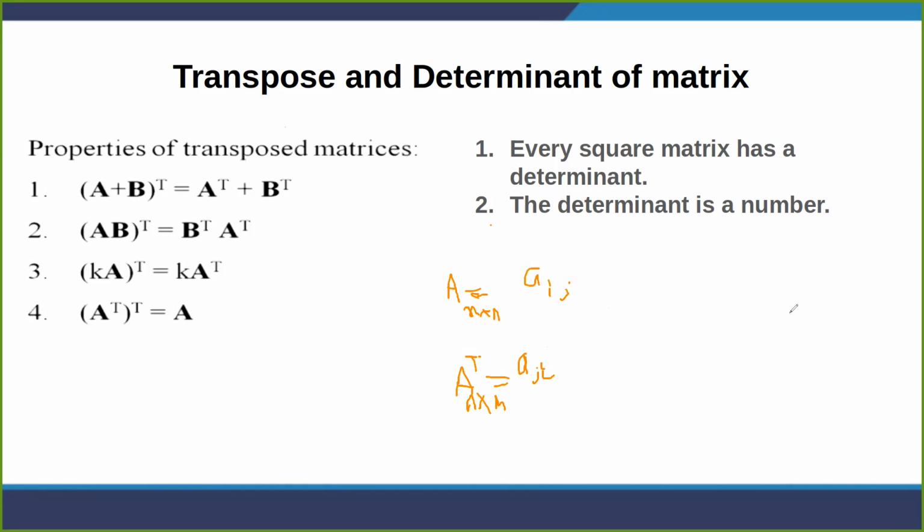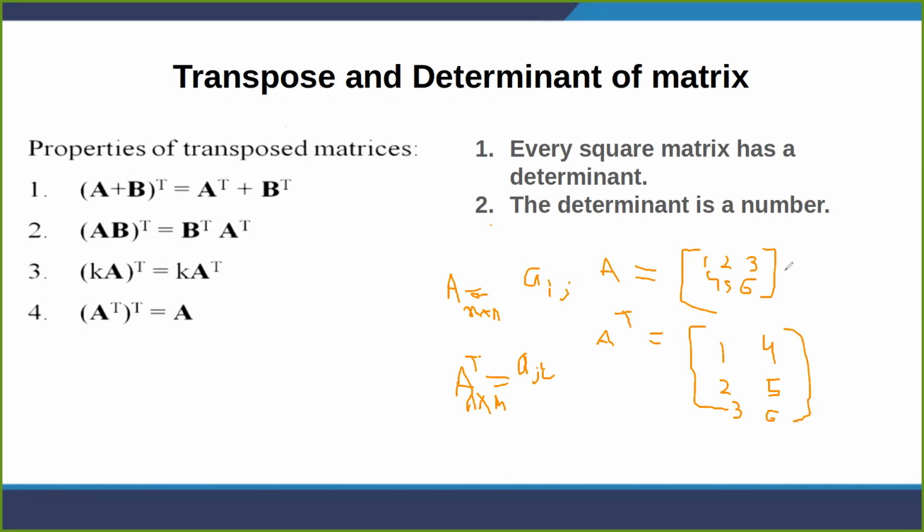So let's see it by example. If this is 1, 2, 3, 4, 5, 6, this is the matrix A, then A transpose will be 1, 2, 3, 4, 5, 6 rearranged.